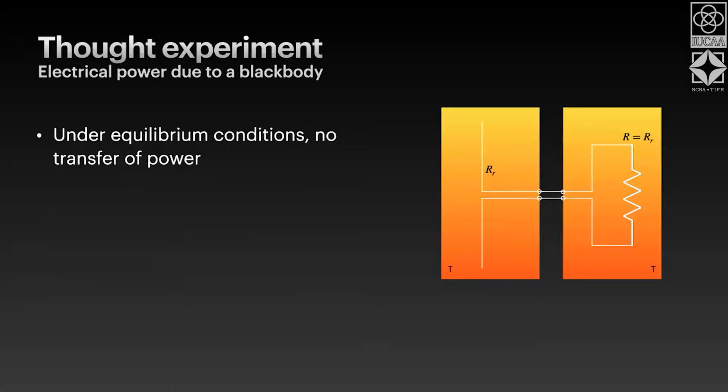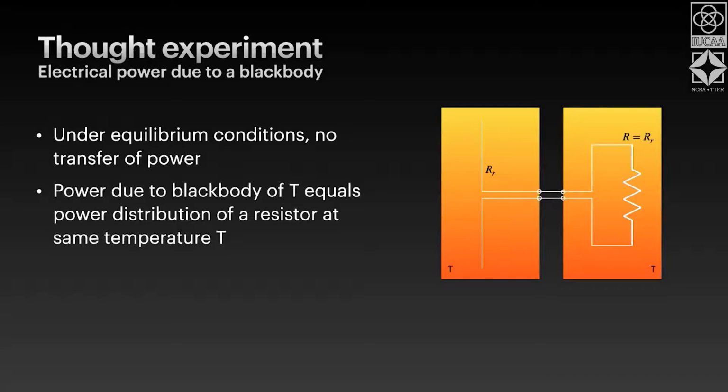So under equilibrium, we will have a condition where there will be no net transfer of power, so the power distribution will be the same in a resistor of matched resistance and the antenna of a particular radiation resistance.